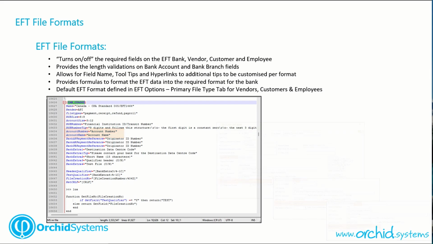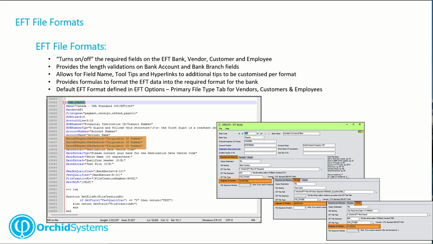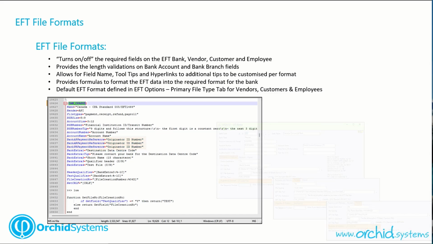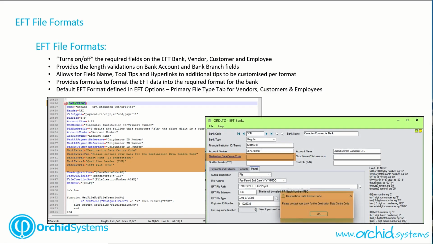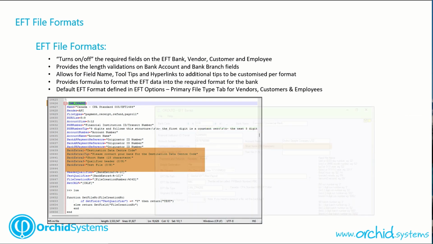And on the bank, we have a different originator ID number for AP payments, for AR direct debits, and for the payroll payments as well. And then we've got 4 extra fields turned on the bank. 1, the destination data center code, and with a tip saying please contact your bank for the destination data center code.